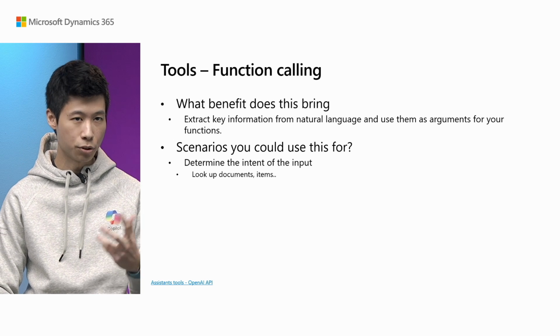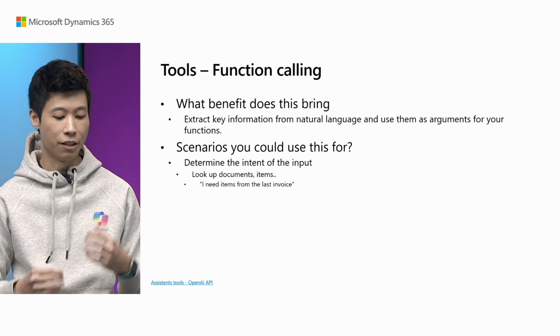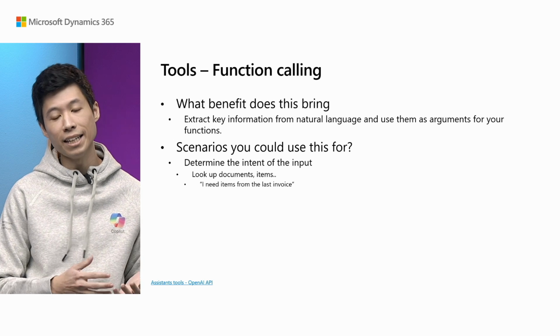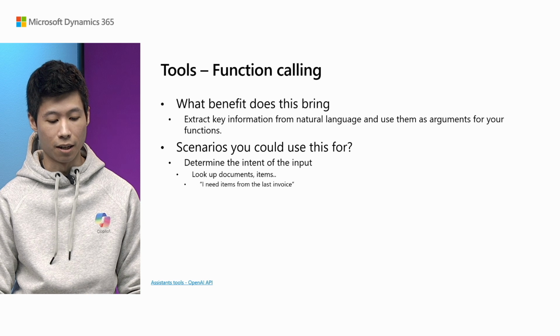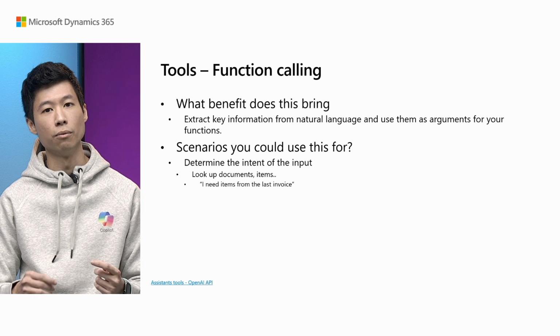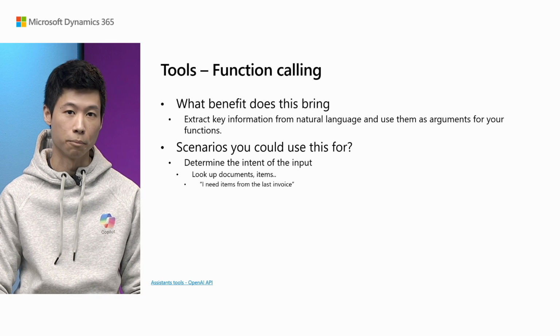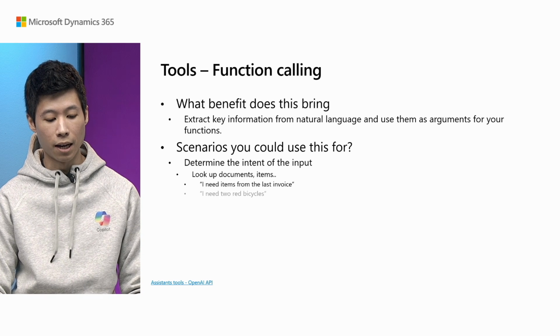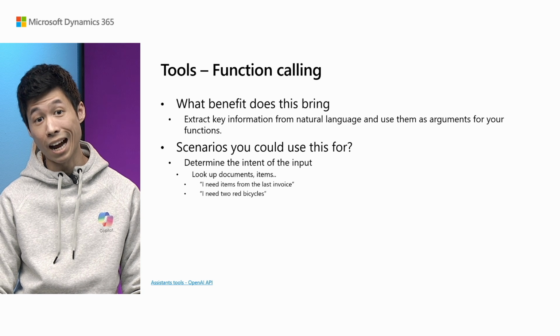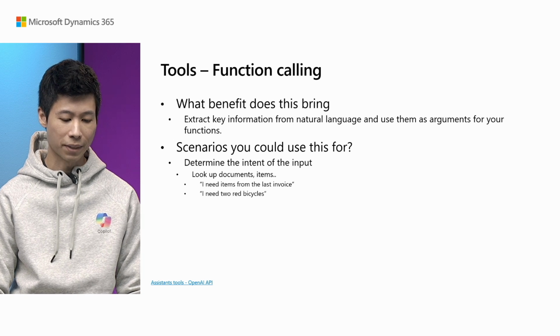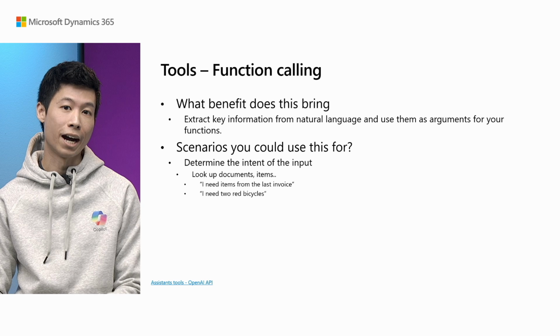Two examples of those would be if your user says, I need items from the last invoice. Now you know it's able to determine, hey, I actually need to do a lookup for what documents this is. Or another example is, I need to rent bicycles, and then that will be a lookup for items.